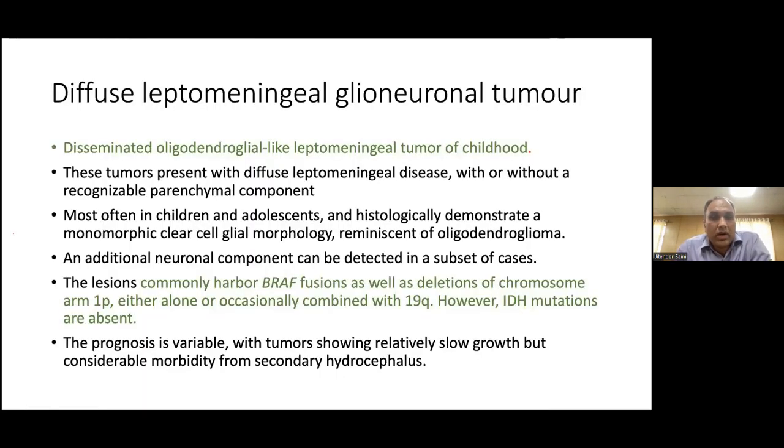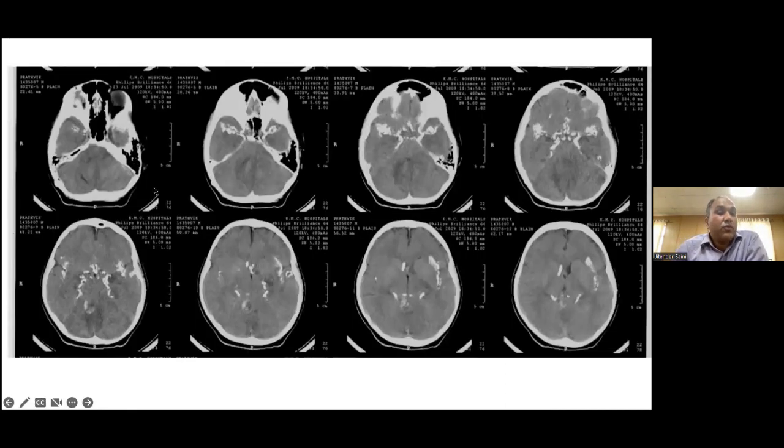Coming to another entity, which is called diffuse leptomeningeal glioneuronal tumor. This is a newly described entity. Previously it used to be called glioneuronal tumor of meninges. This is a child who visited different hospitals and was put on ATT for a very long time. There was a lot of calcification inside the brain.